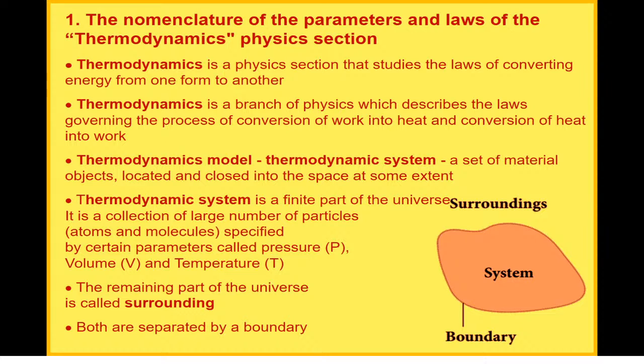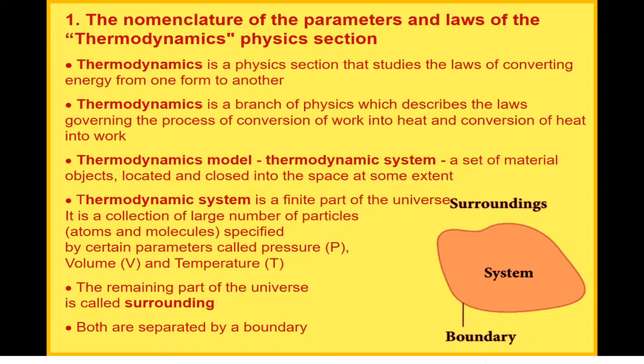First of all, let's define thermodynamics. It is a physics section that studies the laws of converting energy from one form to another. Thermodynamics is a branch of physics which describes the laws governing the process of conversion of work into heat and conversion of heat into work.